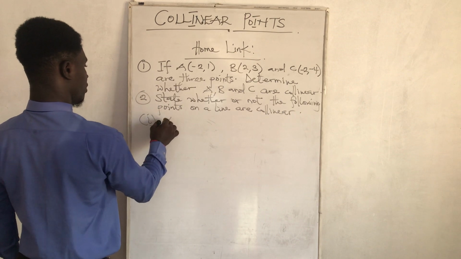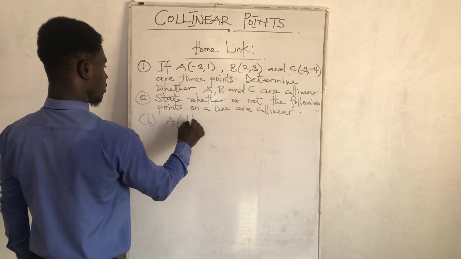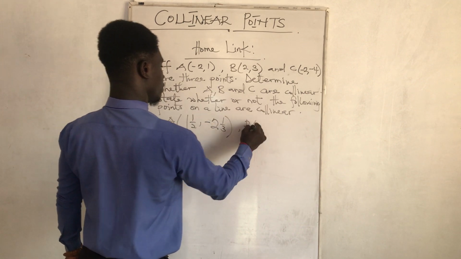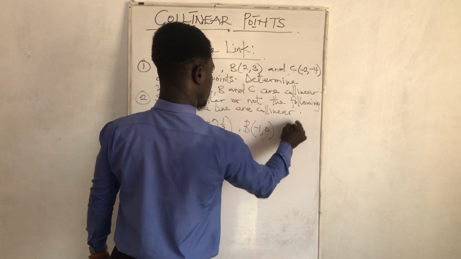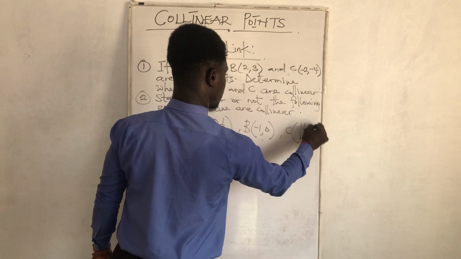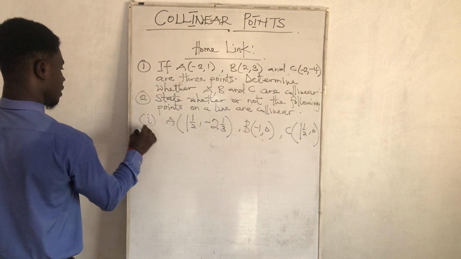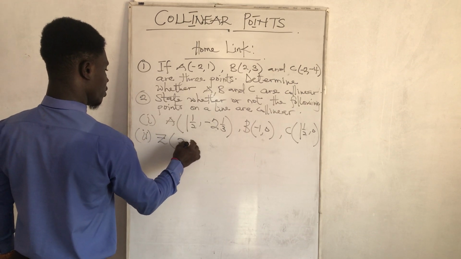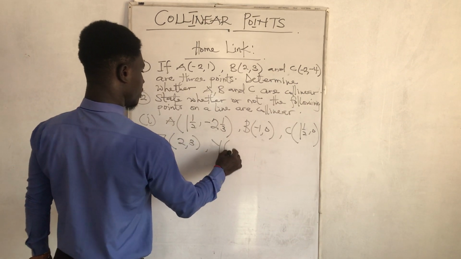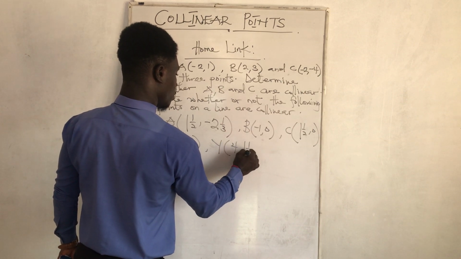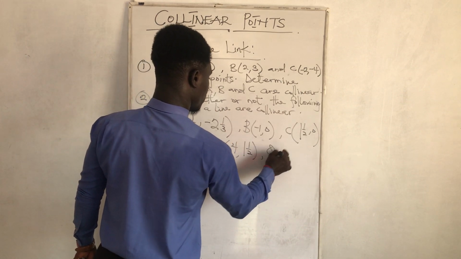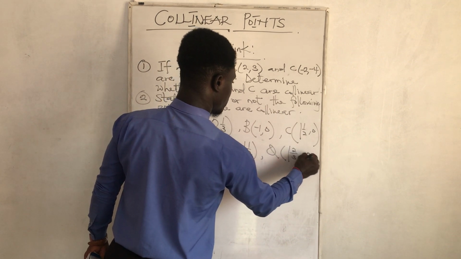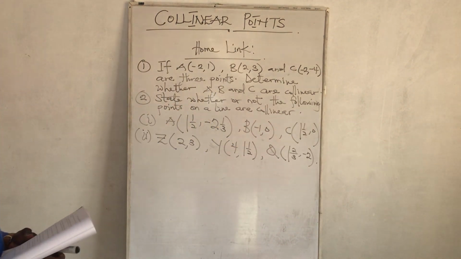So I have point A (1, -2), 1 on 3, then point B (1, 0), point C (1 on 2, 0). Then point Z (2, 3), point Y (4, 1 whole 1 on 2), point K (1 2 on 3, -2). So this is your homework.